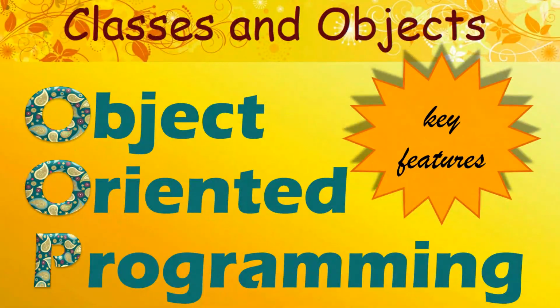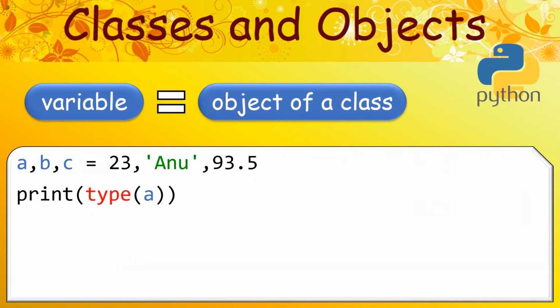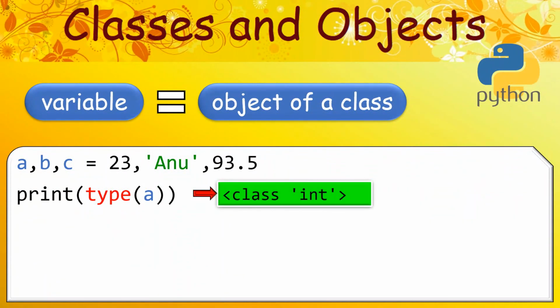In Python, every variable you create in the program is an object of some class. Here I have taken 3 variables A, B, C with certain values. When I print the type of each of these variables, the type of A is class int, which means A is an object of class int.